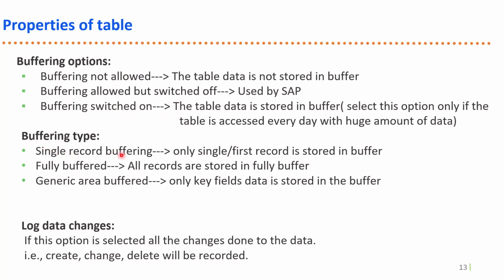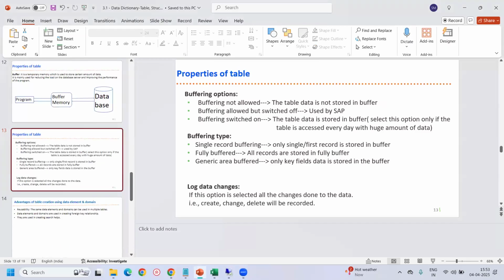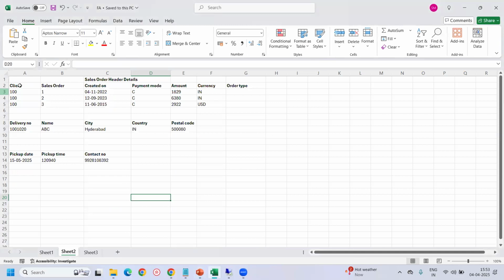So we have different buffering types, like single record buffering, fully buffered, and generic area buffer. Single record buffering is nothing but only the first or single record can be stored in the buffer. For example, if you see this is table data, in this table data, the first record is there.